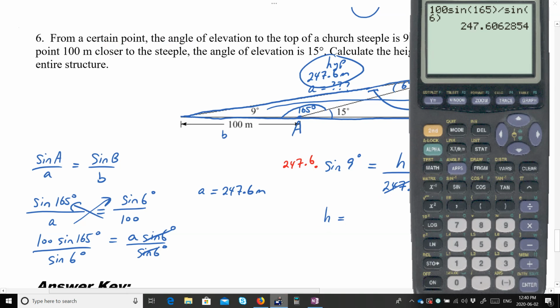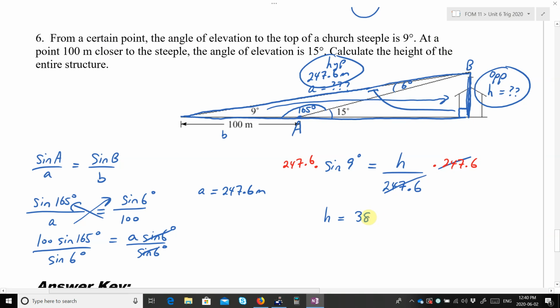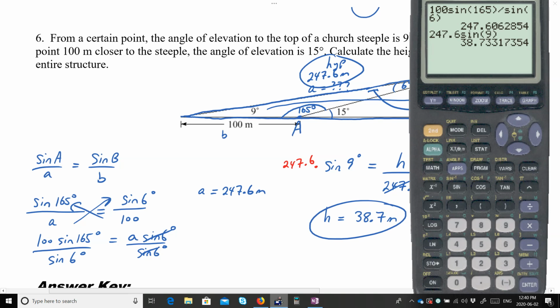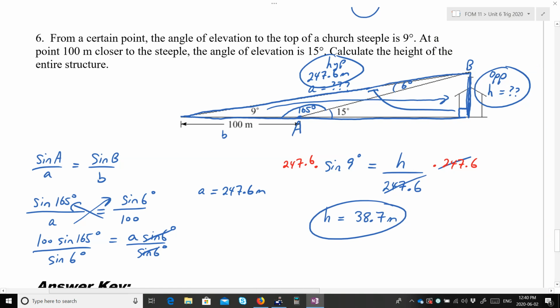H is equal to 247.6 times sine 9 degrees, and we get a height of 38.7 meters, which is perfectly good with the answer key.